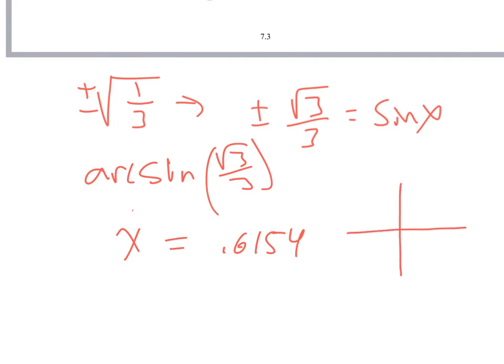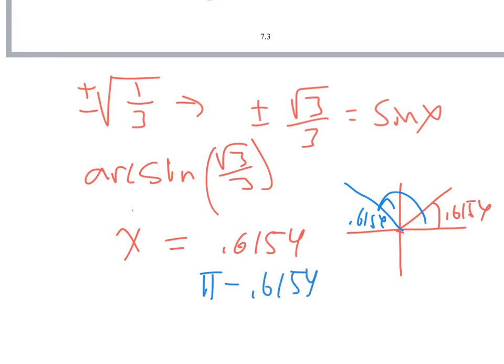So there's going to be 1 in each quadrant. So there's the 0.6154. This one also has 0.6154, which is that angle. So the second answer is going to be pi minus 0.6154. The third answer is going to be down here. This is the negatives.